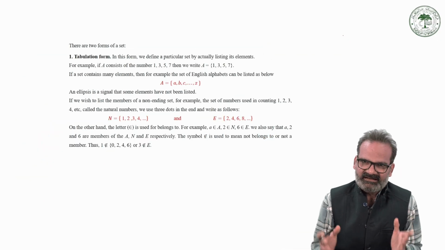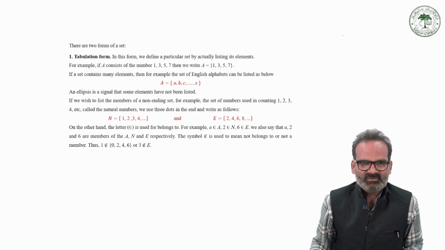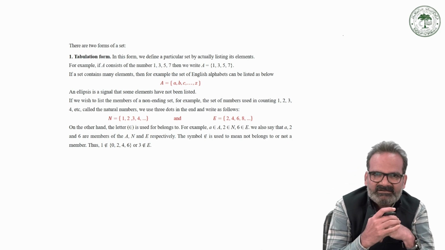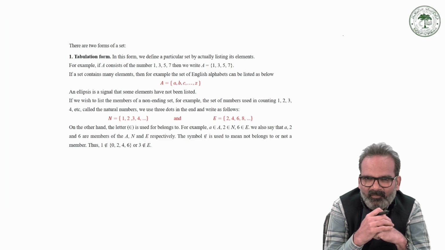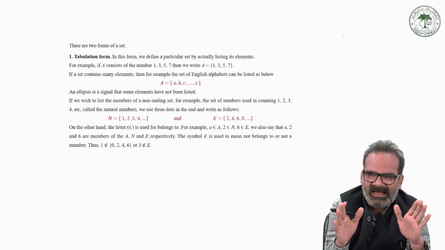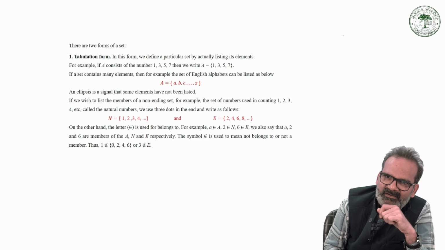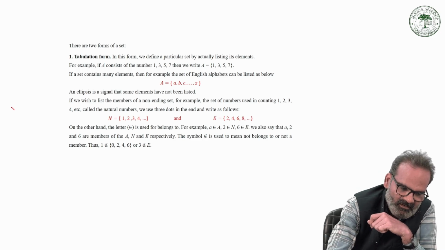How can we represent a set? Naturally, this is the next question. So there are two forms in which a set can be represented. Number one, tabulation form. In this form, we define a particular set by actually listing its elements. Simply, the elements are listed. What does it mean? Whatever elements you have taken, for example, 1, 3, 5, 7.